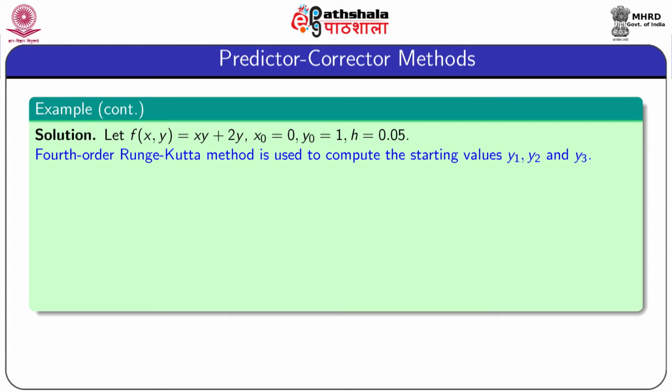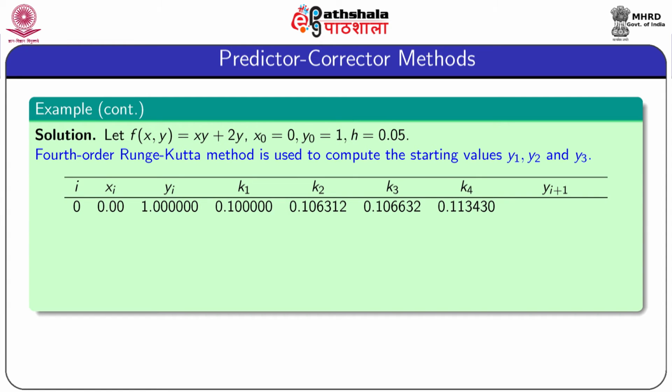Now, the fourth order Runge-Kutta method is used to compute the starting values y1, y2 and y3. The first row determines the values of k1, k2, k3 and k4, which are the parameters of the fourth order Runge-Kutta method, and the value of y1 is given by this expression. That means the value of y1 is equal to 1.106553.